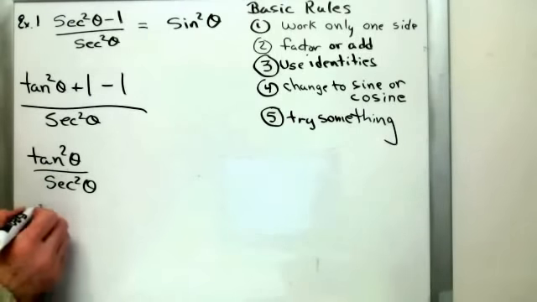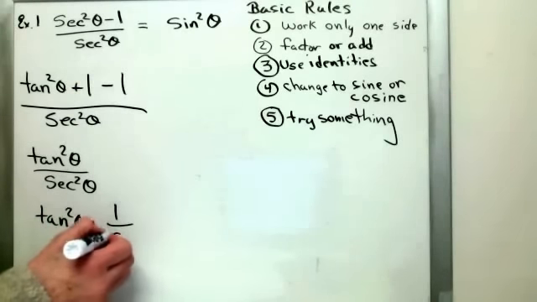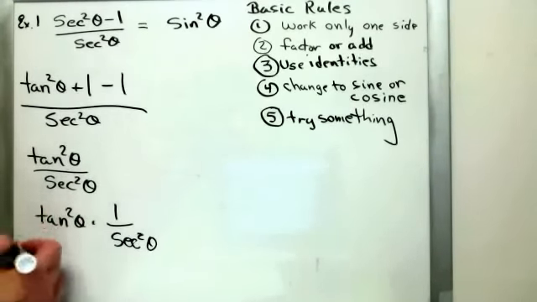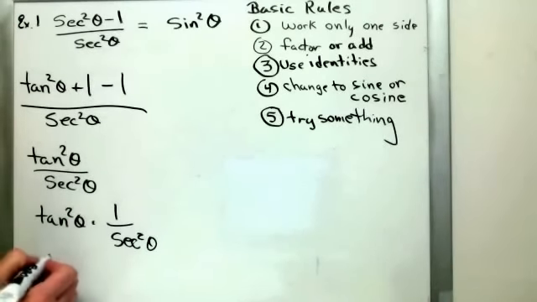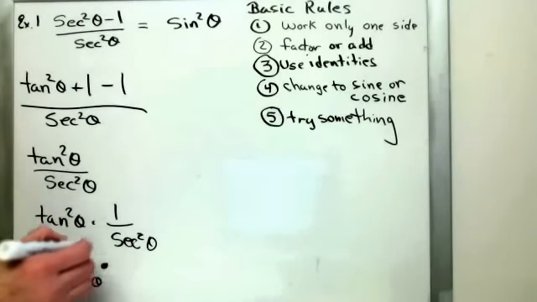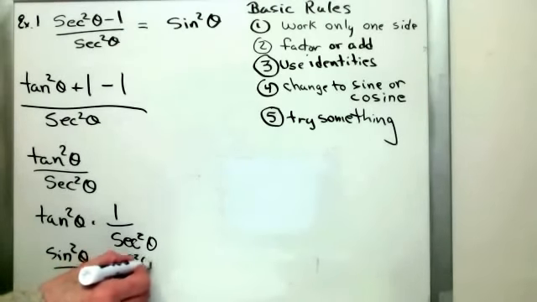Now I'm going to rewrite this. Tan squared theta times 1 over secant squared theta. Then I'm going to rewrite tan squared theta as sine squared theta over cosine squared theta, times 1 over secant theta, which is cosine squared theta.